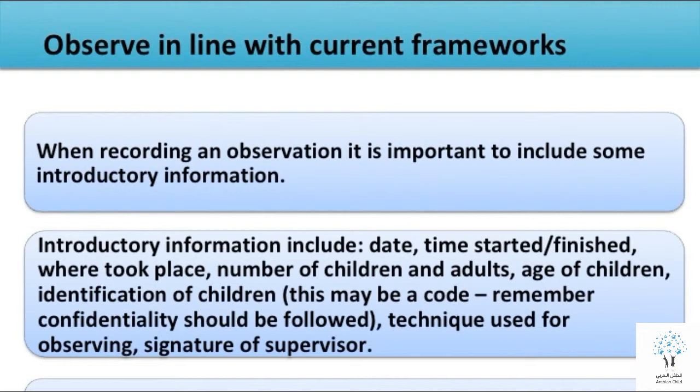Then I will tell you, but be more specific. And then you'll say, I want to observe if this child has control of their fingers and is able to hold a pencil. Maybe they're 3 years old and you want to see how well they're holding the pencil, how much control they have of their fine motor skills. So that's being very specific. You have to have an aim for that development.